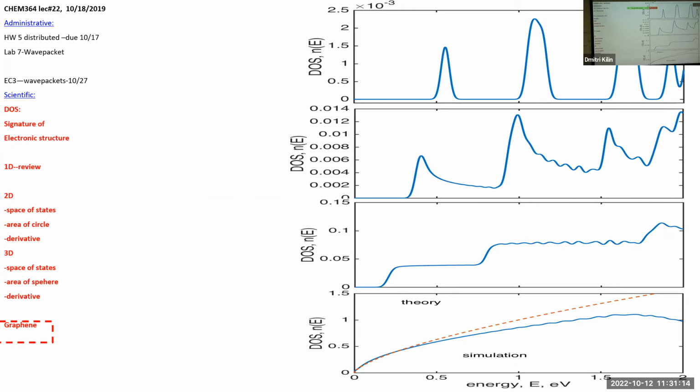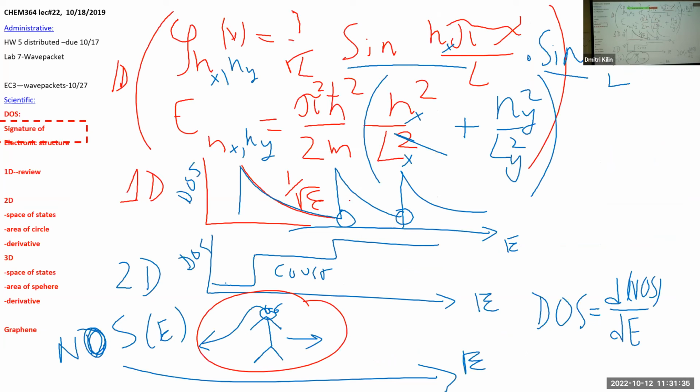So the individual levels for the 0-dimensional, then steps for the pizza tube, a constant for 2-dimensional, and square root for the big 3D box. All these shapes can and must be derived analytically. There are equations for this.